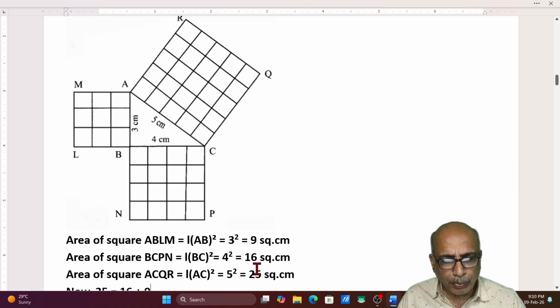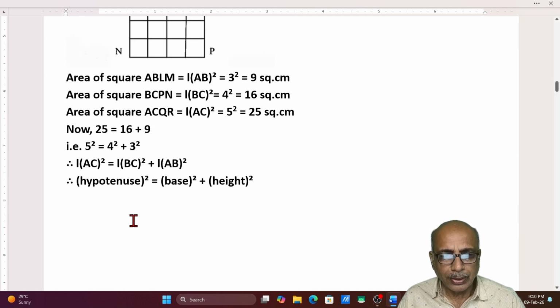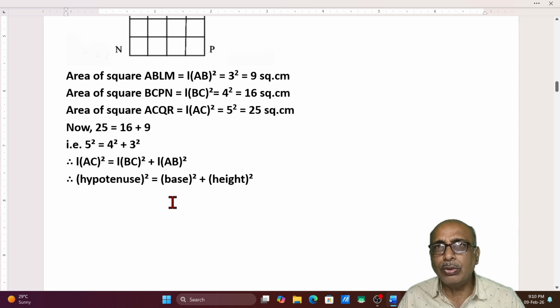So 16 boxes are there, 16 square centimeter, and AC square equals 25 square centimeter. Now 25 equals 16 plus 9. That is 5 square equals 4 square plus 3 square. Therefore, 5 square is AC square, 4 square is BC square, and 3 square is AB square. That is hypotenuse square equals base square plus height square.